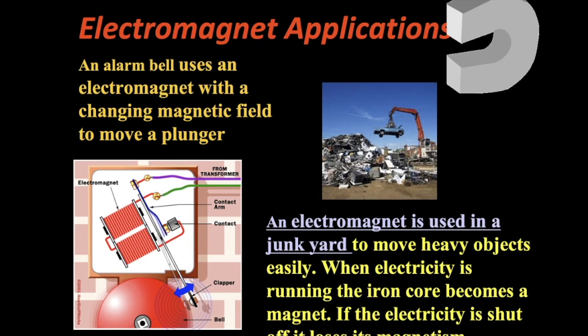If you have something really heavy like a car, you can have electricity running through, and this part right here essentially becomes an electromagnet and is able to pick up that car. And if you decided to shut off the electric current going into this machine right here, then the car would drop because there would be no more magnetic pull.